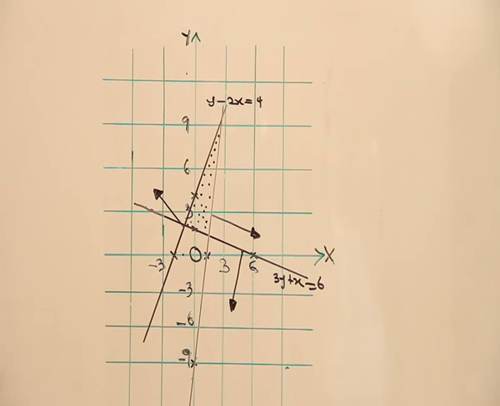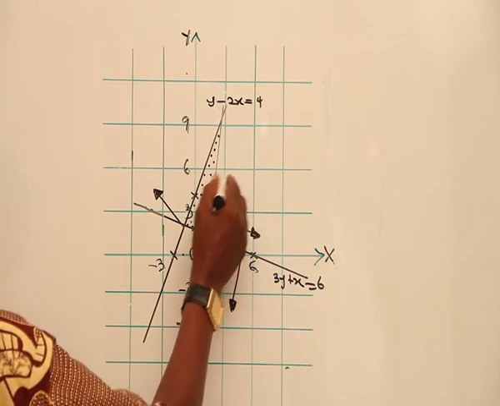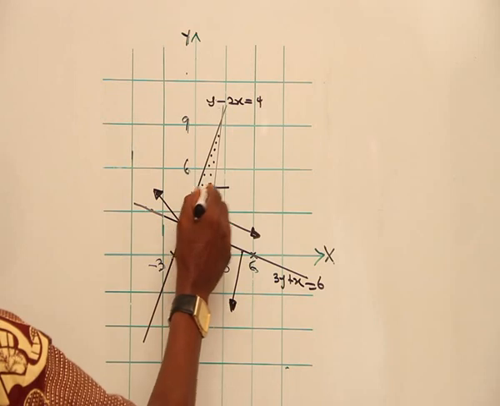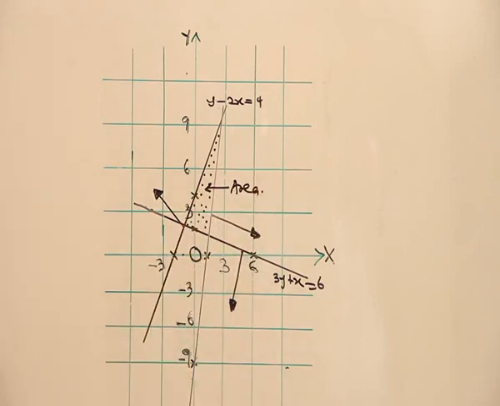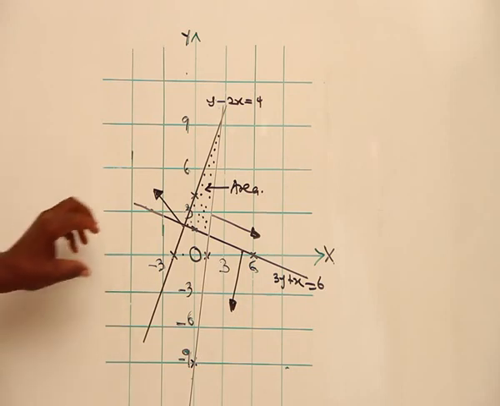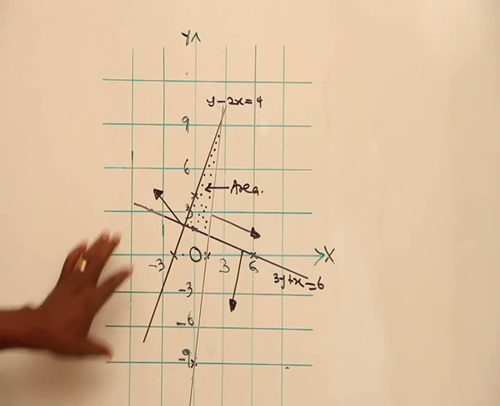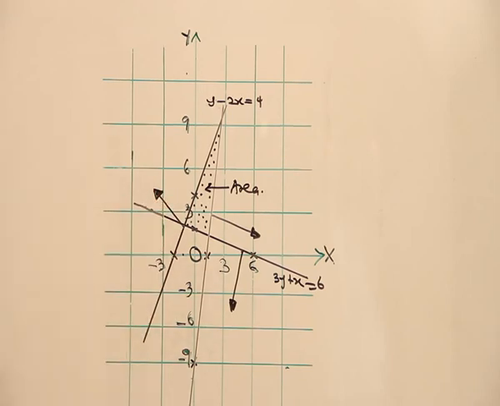As far as this case is concerned, we are told to show on the graph the area which gives the solution set of the inequality. So this is the area which shows the solution set. So you mark it here. This is the area, R, the region. And that solves this problem. Even when you do this using a graph paper, you are going to arrive at a similar, if not the same, answer.